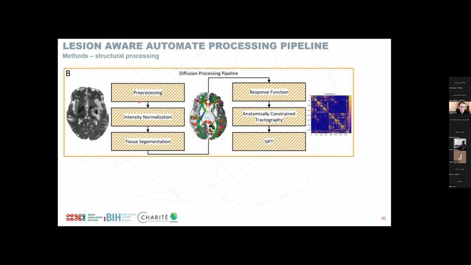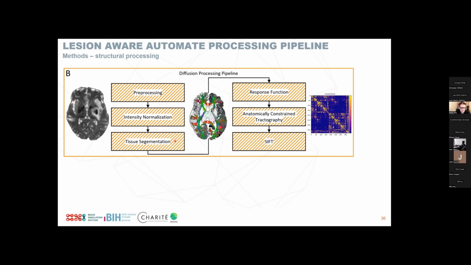So we used our own implementation based on the MRtrix3 processing pipelines that exist, and adjusted these for stroke, again, just running a lot of pre-processing steps such as distortion correction, bias correction, motion correction, etc. Running intensity normalization across the population to make these intensity values comparable across subjects, so that a light spot here means the same across all the subjects, and we don't actually have the impact of individual variability.